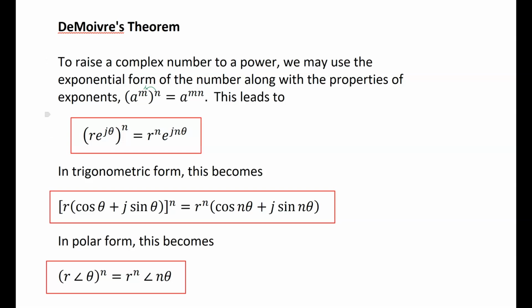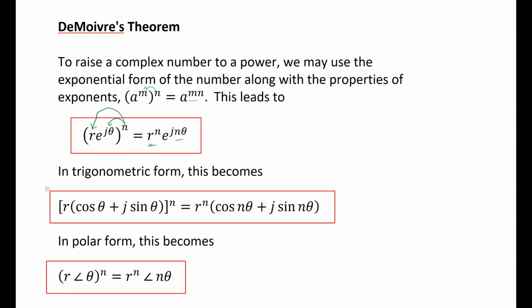Well, by raising the complex number r e to the j theta, we want to remember that that n exponent is on the r, so we get r to the n, and it's on e to the j theta, and when j theta is already raised to a power, you multiply those powers, so it's j theta times n, or e to the j n theta.